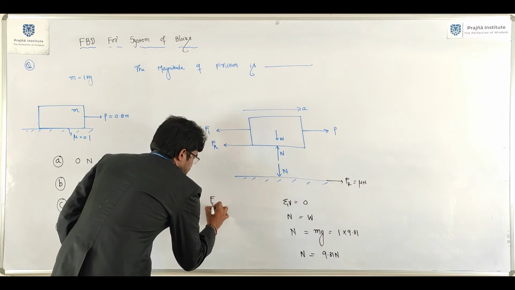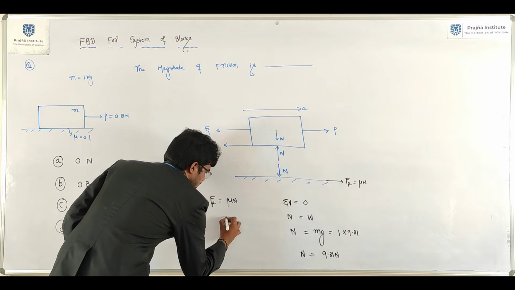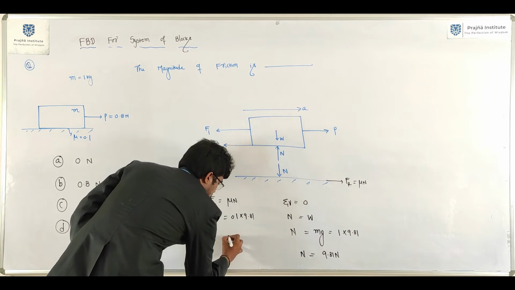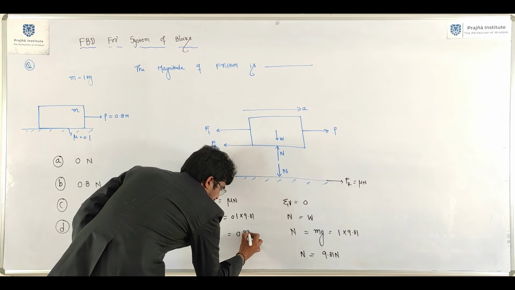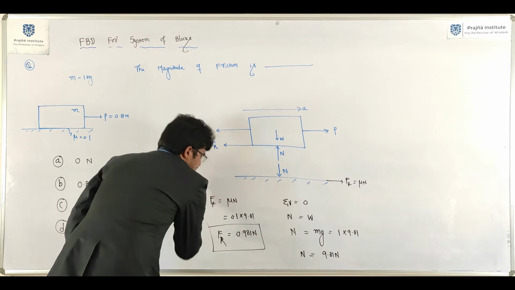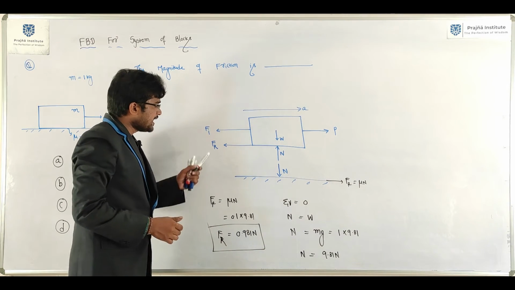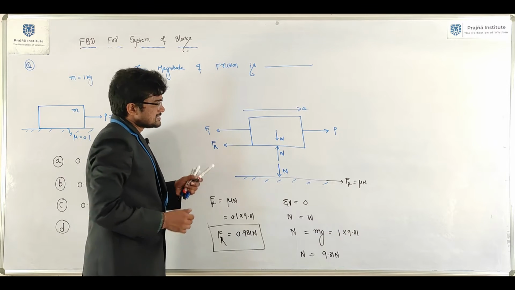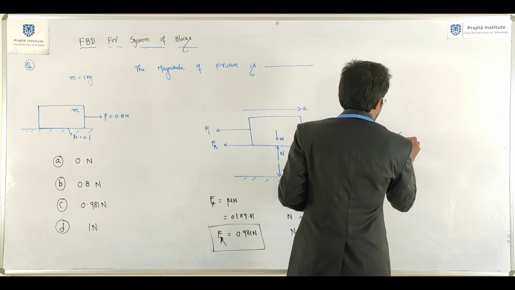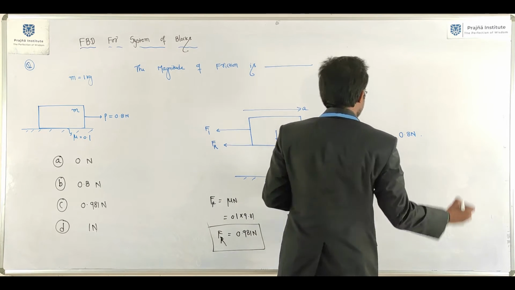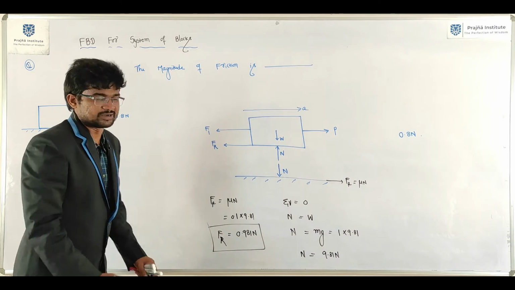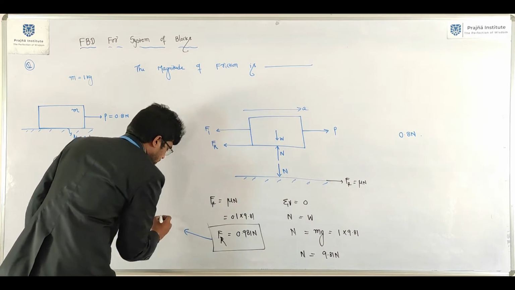F r equal to mu into N. Here mu is 0.1 into 9.81, so here 0.981 Newton. If you substitute 0.981 Newton here, is the system balanced or not? Tell me. Here it is 0.8 Newton. Here it is how much? 0.981 Newton.